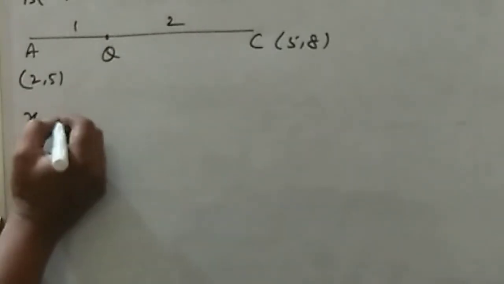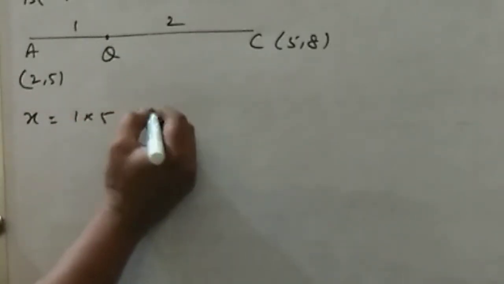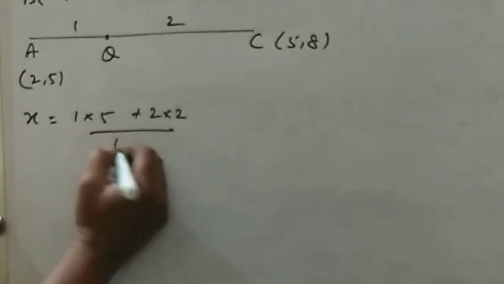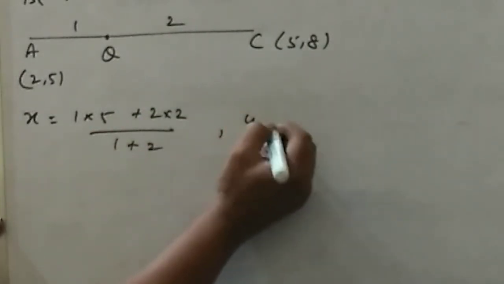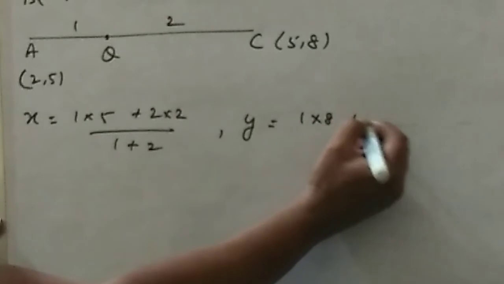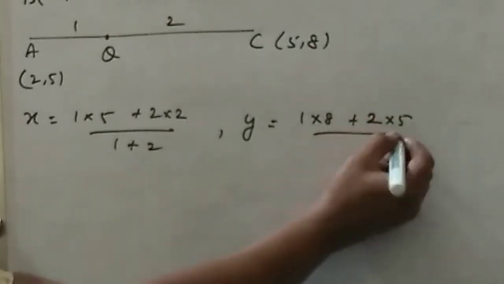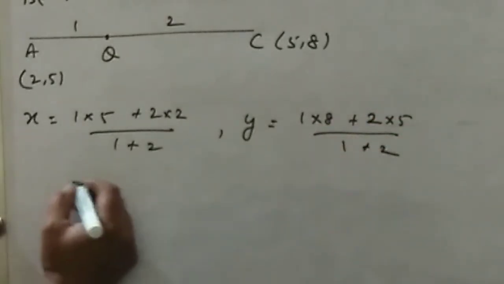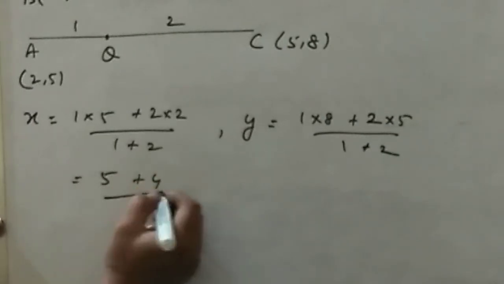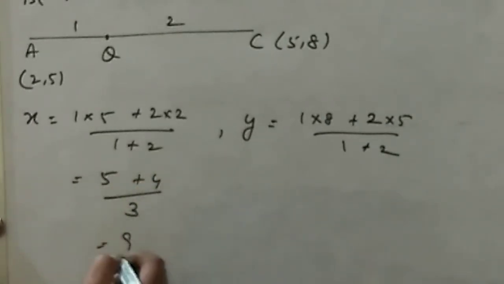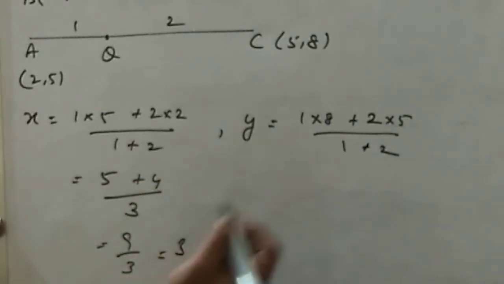x is equal to (1 into 5 plus 2 into 2) upon (1 plus 2). Y is equal to (1 into 8 plus 2 into 5) upon (1 plus 2). So (5 plus 4) upon 3, 9 upon 3, that is equal to 3.